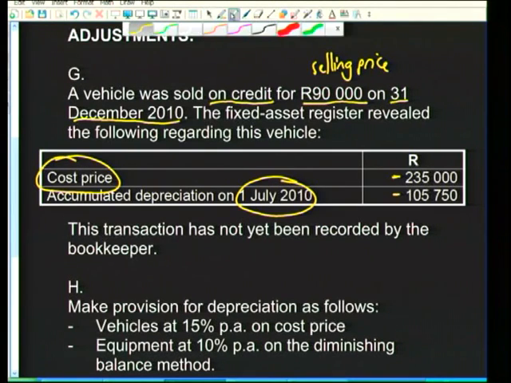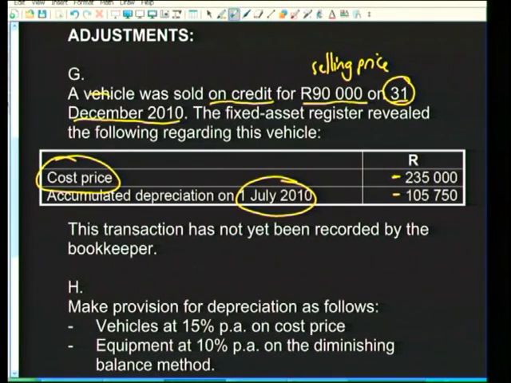In other words, we have only the accumulated depreciation at the beginning of the financial year. But we haven't just sold the vehicle at the beginning of the financial year. We actually sold it on the 31st of December 2010. So we are going to have to record additional depreciation in order to get the right number in our asset disposal account.